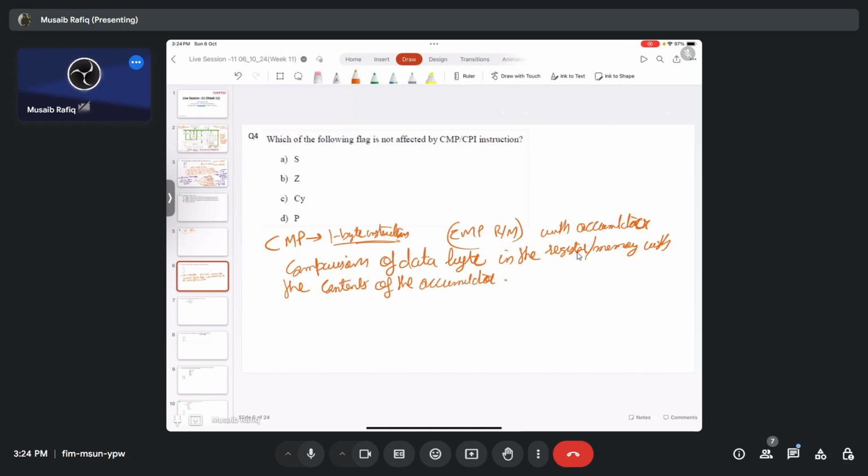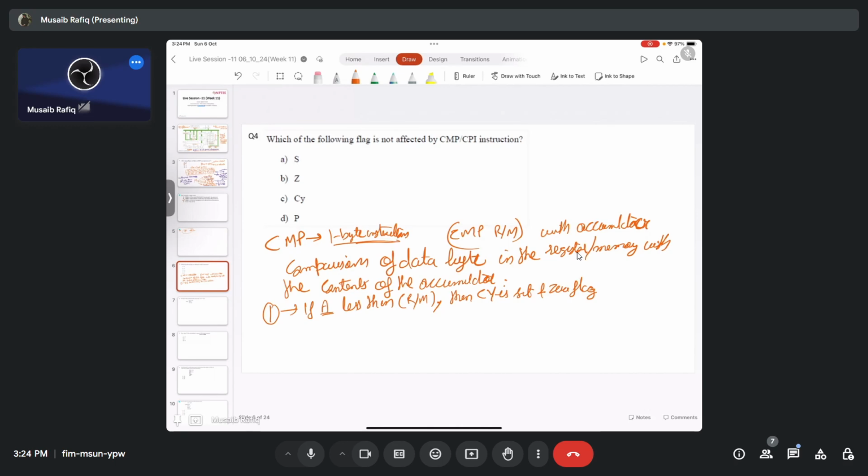So, number one: if A, by which I mean the accumulator, is less than the contents of the register or memory, then the carry flag is set and the zero flag is reset.